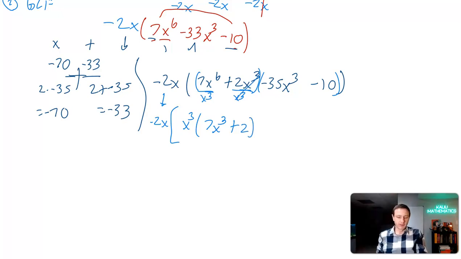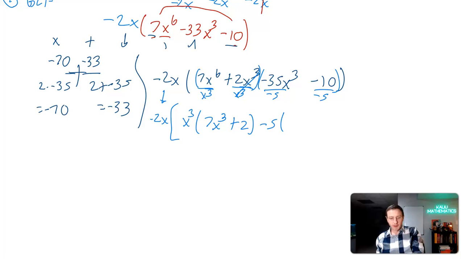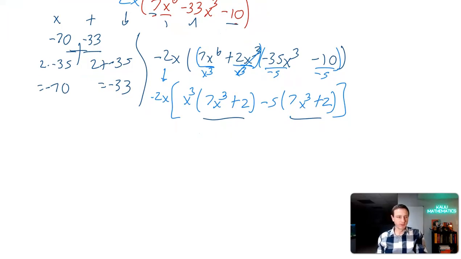In the second set of parentheses, we have a leading negative again. So I could take out negative 5. I do not have any x's that I could take out, so I'm just going to take out negative 5. Negative 35 divided by negative 5 is positive 7x to the 3rd. Negative 10 divided by negative 5 is positive 2. And there it is. I have the same terms there.